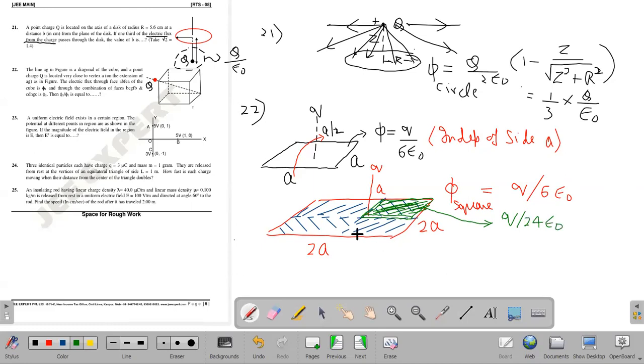And if I cut this piece, then it is something like a square of a by a side, and the positioning of charge is at a distance above its corner.